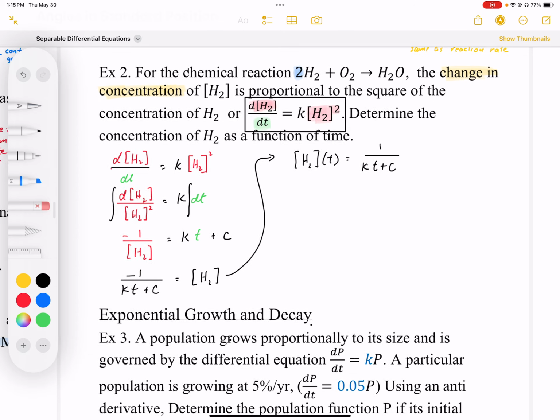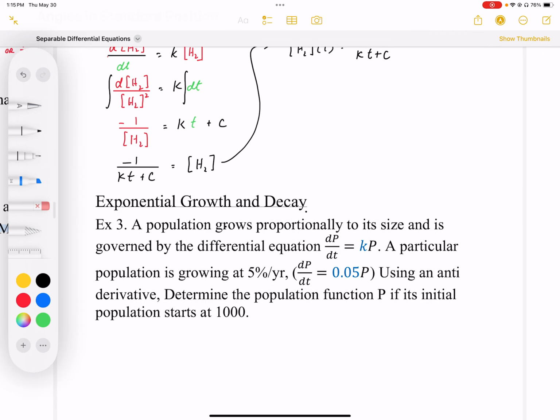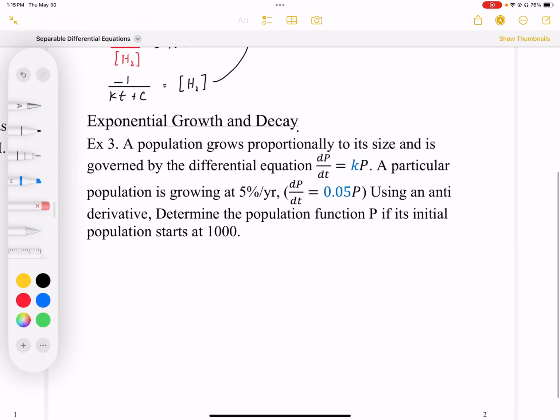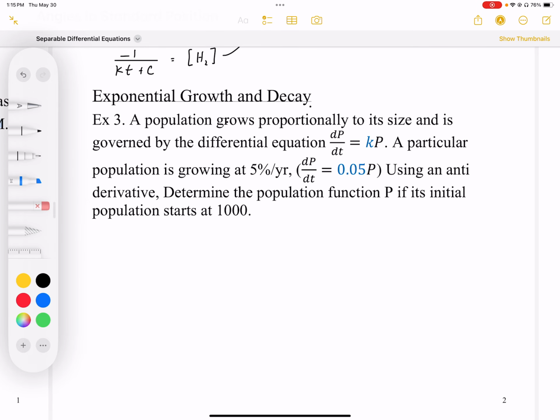So these problems are our differential equations. Typical differential equation problems involve growth and decay, so exponential growth and decay. So a population growth proportional to its size is governed by the differential equation dp, or the change in population over the change in time, is equal to some constant rate times the actual population.